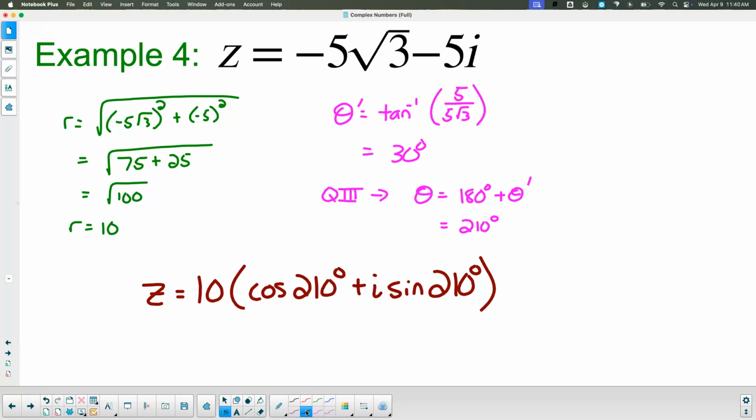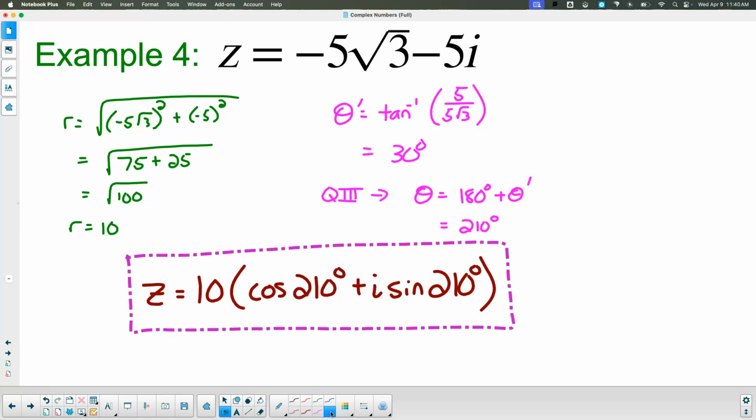Yep. Because what your calculator was doing, it was doing the 5 divided by the 5 as 1, then multiplying it by the square root of 3, which got you the inverse tangent of the square root of 3, which is 60. But you wanted the square root of 3 on the bottom. Okay?